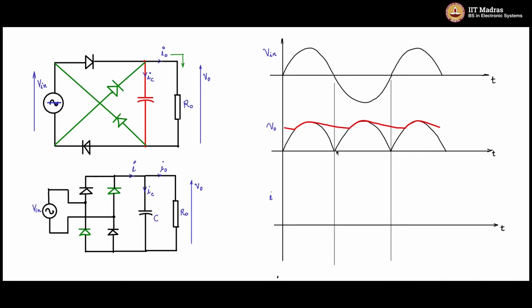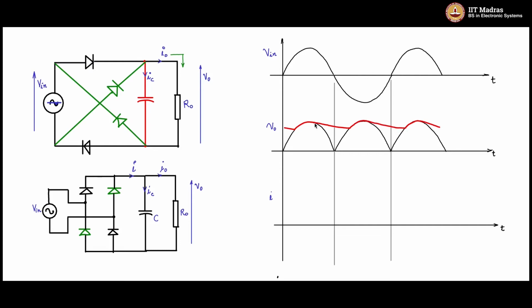The input would have gone down and it will come up and then again intersect here. The capacitor will follow till this point and get recharged, and then again the wave shape repeats. What you have to notice here is that the ripple frequency has doubled.